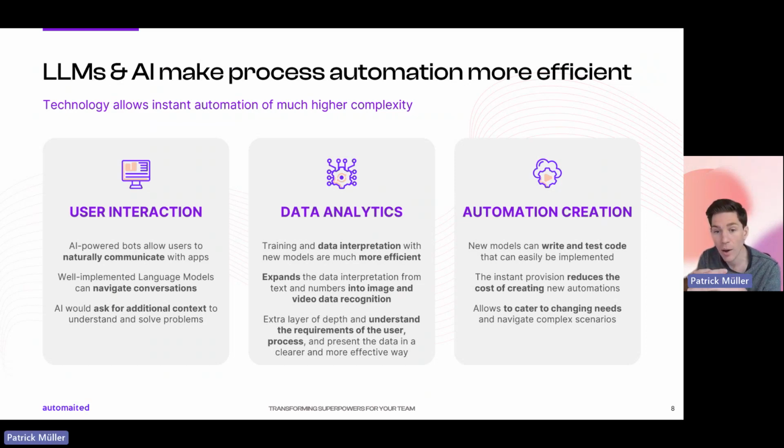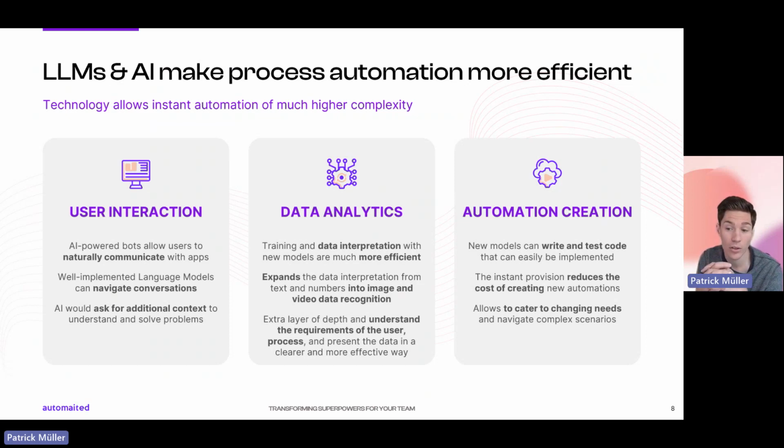And lastly, and that's what I mentioned before, also with the coding partner, it can help to create automations, right? So in the end, what is an automation? It's code that's executed, or operations that happen in the future that need to be predicted, and they need to be created, and the code needs to be written. So those models, they can write and test code, right?